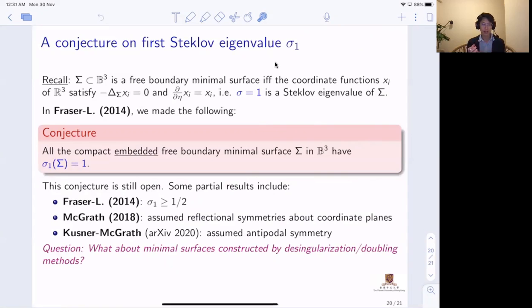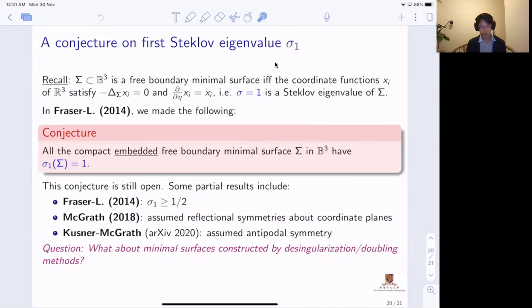If we look at any compact embedded free boundary minimal surface, where embeddedness might be important, just like in Yau's conjecture, whether all of these embedded examples have sigma 1 equal to 1. This conjecture is still open. What we have proved so far with Fraser is that sigma 1 is at least 1/2, similar to what Choi and Wang obtained in the closed case.